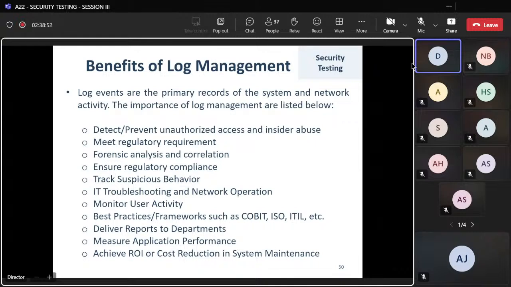Some of the best practice frameworks, COBIT, ISO, ITIL, recommend having log management practices so that it helps to analyze the events, then deliver the reports to various departments based on their requirements, measure the application performance, then achieve ROI or cost reduction in system maintenance basically. So these are the various benefits, I can say, the importance of conducting log management.